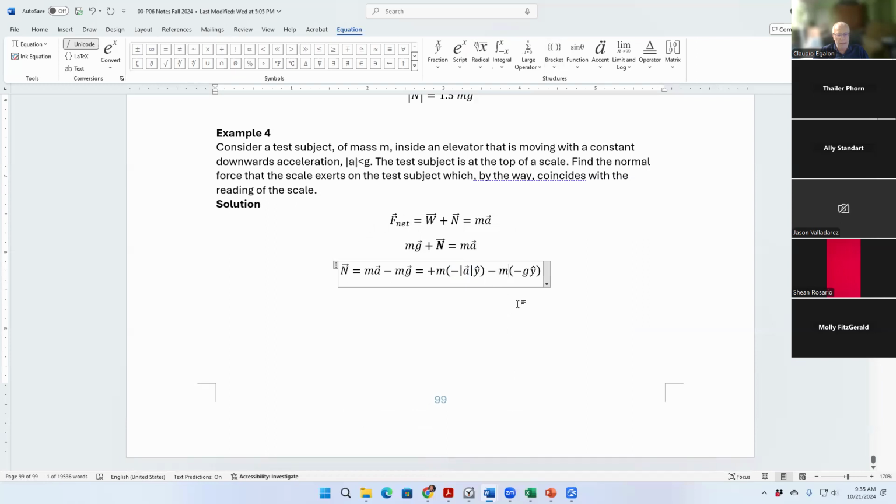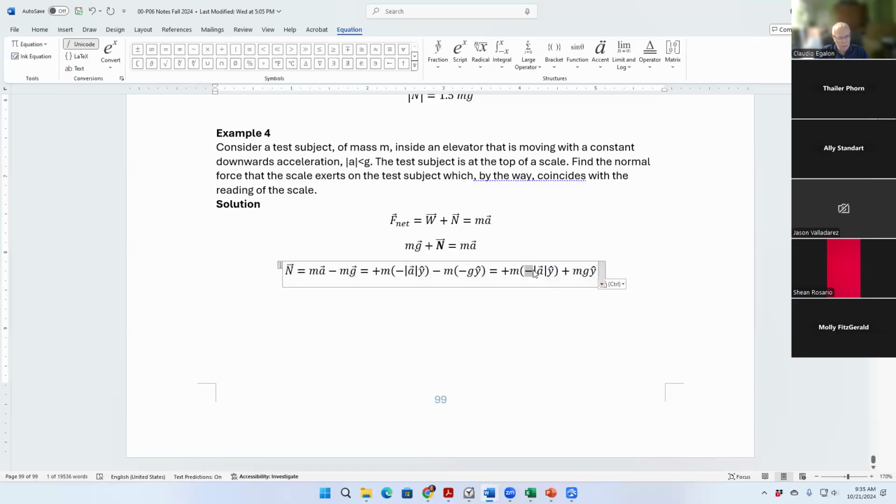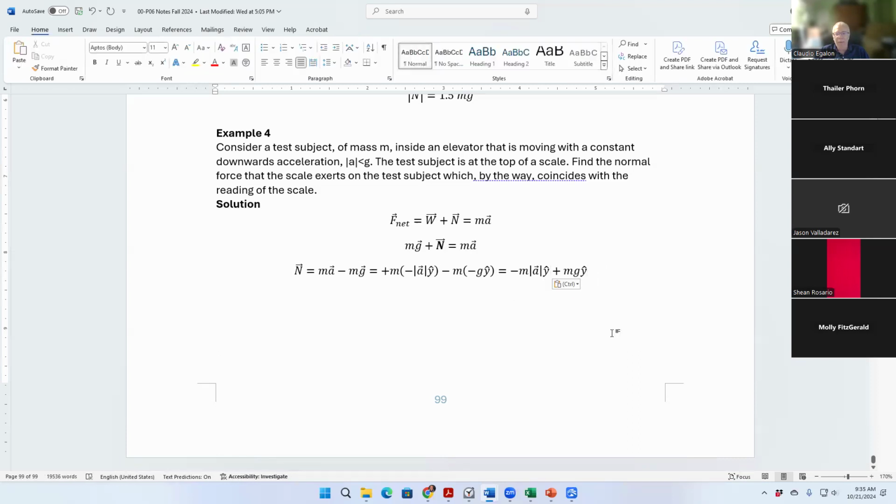And so I can go to the next step and write it down, mg y hat. And this negative is going to go outside.